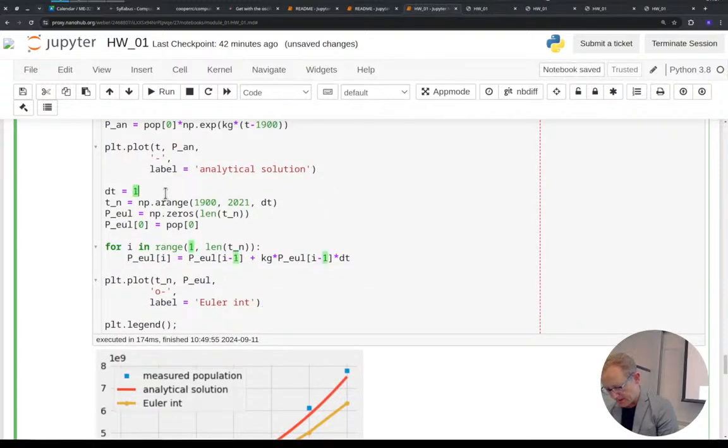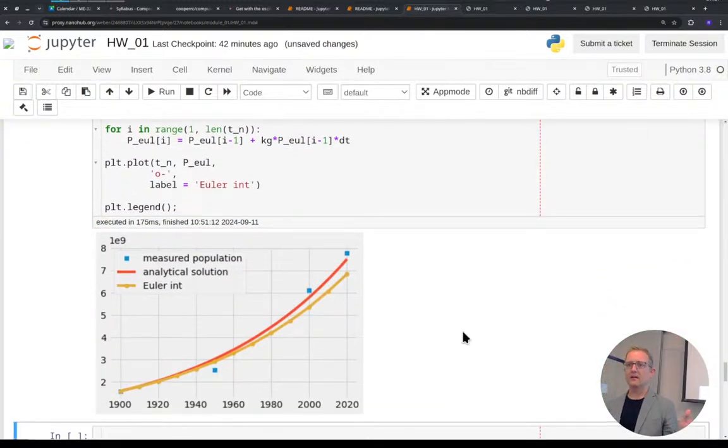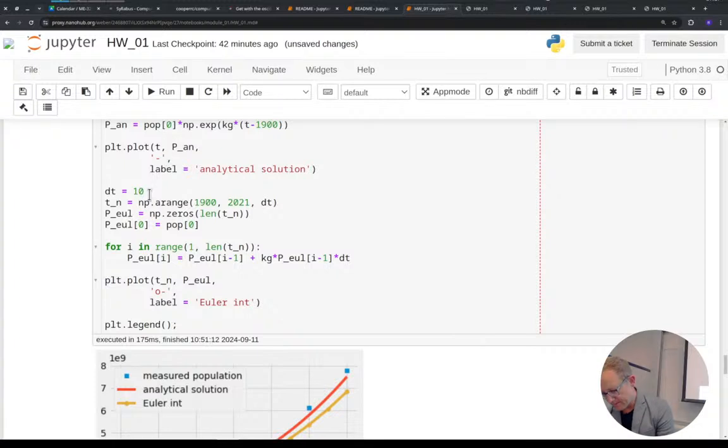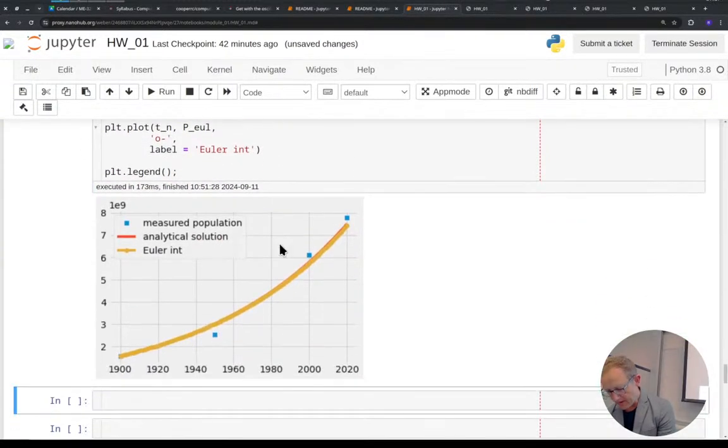So if I take this and change my time step to 10, then I get more dots because I calculated more things, and they're getting closer to that red line. If I make it super small, now I get a population every year, and the growth was only constant for 1 year at a time. So it gets closer and closer to that red line.